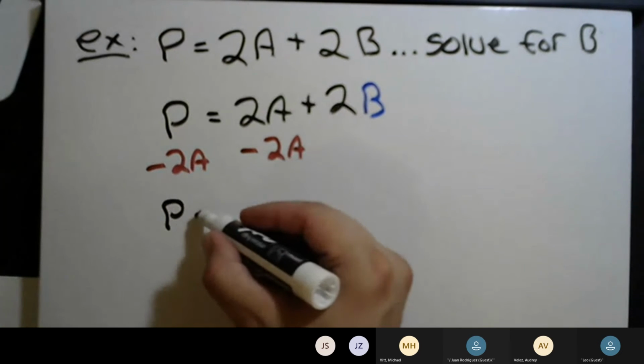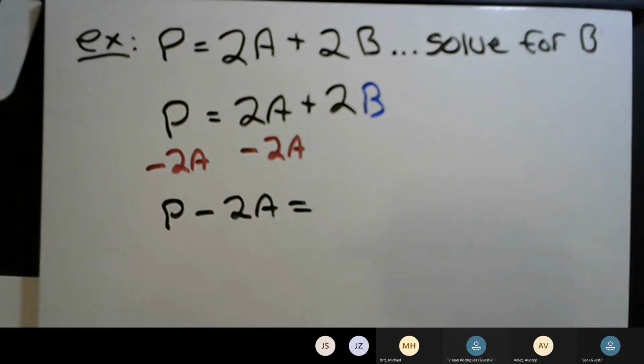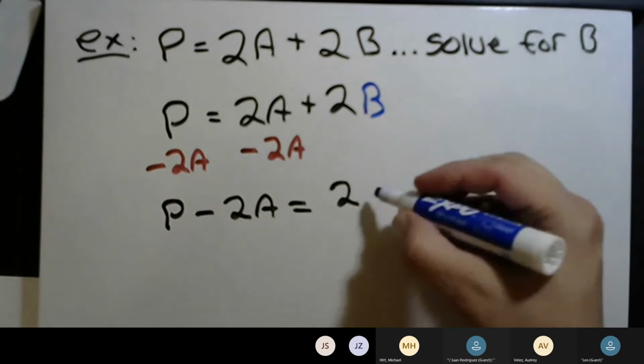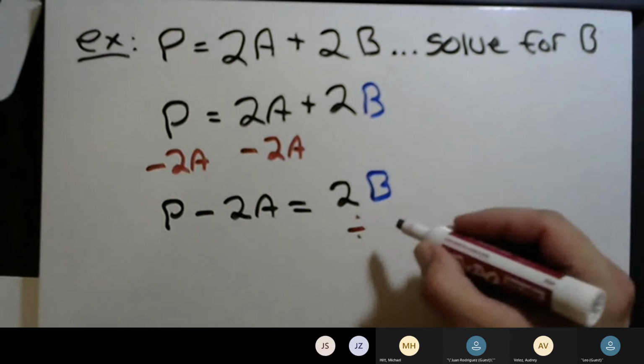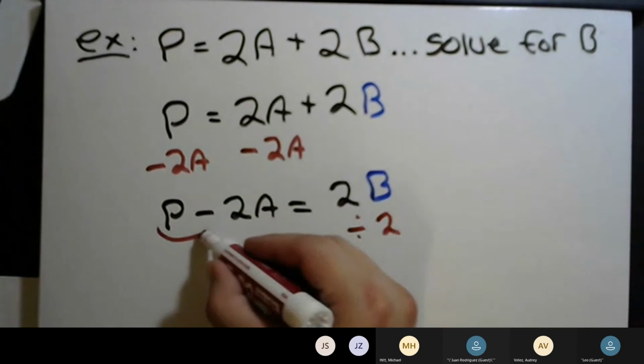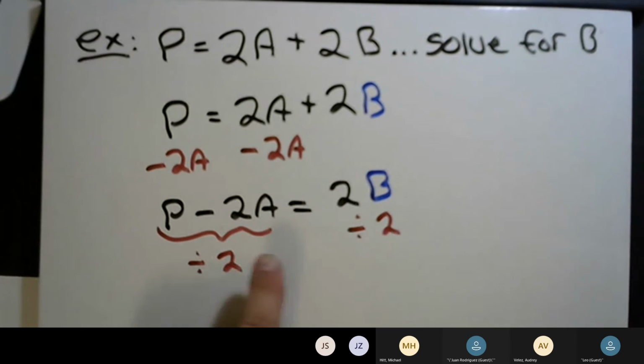So we get p minus 2a is equal to 2 times b. Now this is where we gotta be a little careful with our division. We're gonna recall we're dividing both sides by 2. And it's both sides.